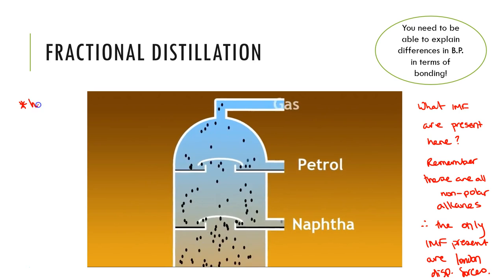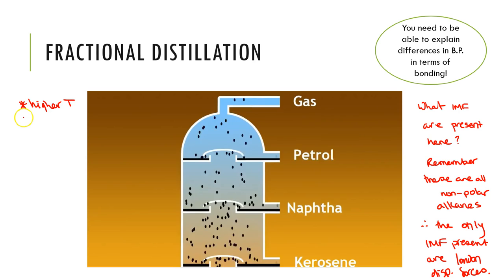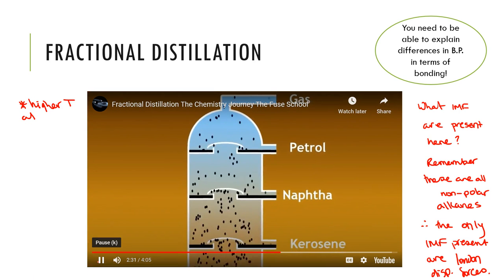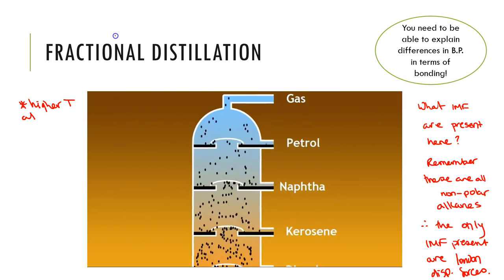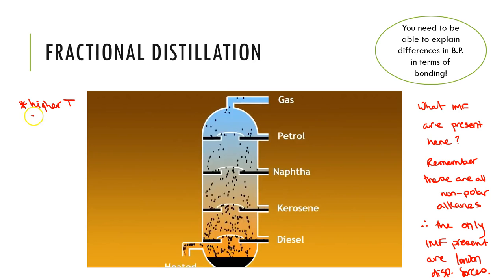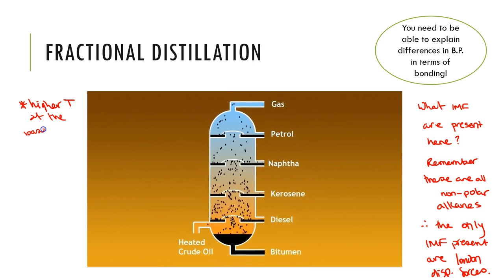These are collected at the bottom of the column. The rest of the molecules start to rise up the column, making their way through bubble caps in each tray. The bubble caps slow down the rate of the rising vapour, and eventually the vapours get too cool, condense, and are collected as liquids in the trays.